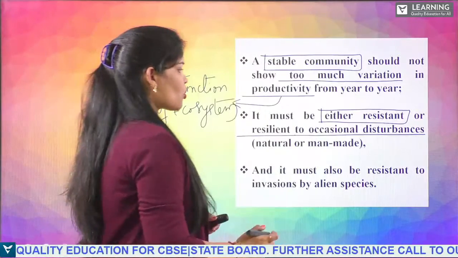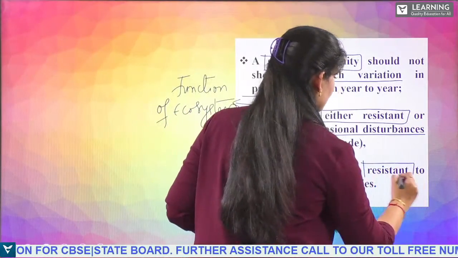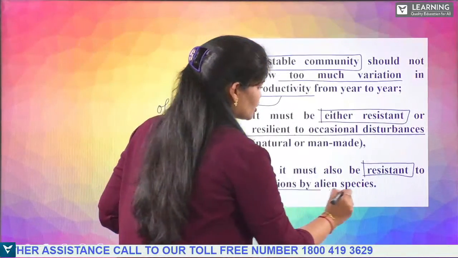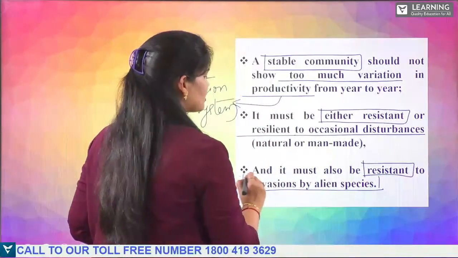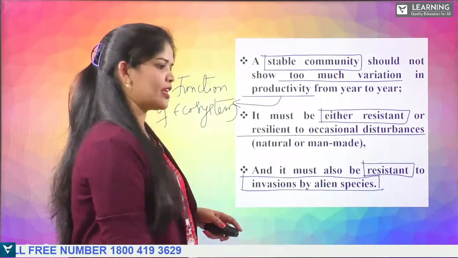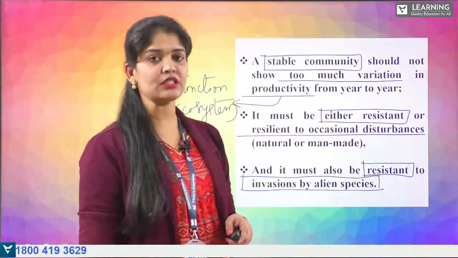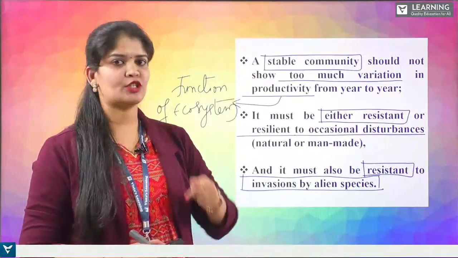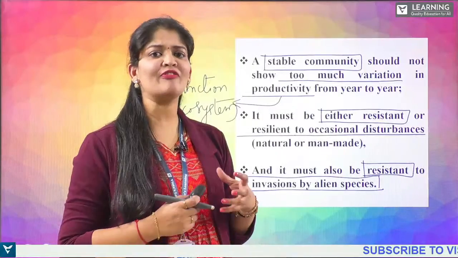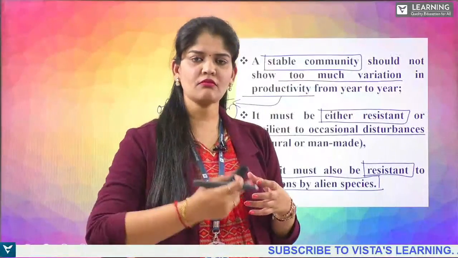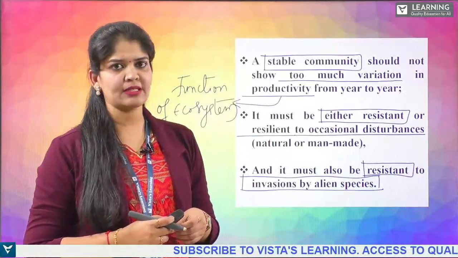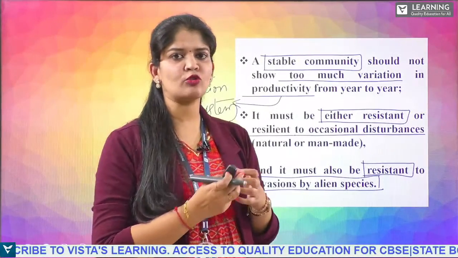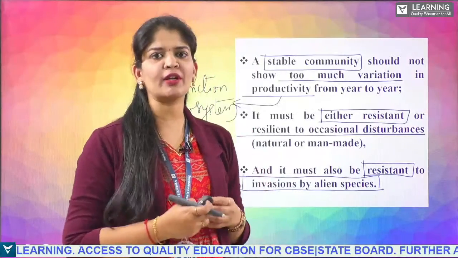And it must also be resistant, that means constant, to invasion of aliens. Alien is nothing but foreign species. For example, Parthenium, carrot grass, even water hyacinth. These are the invasives which come from the outside, that is, the exotic plants. Invasive means extensively and very fast growing, quick growing plants.